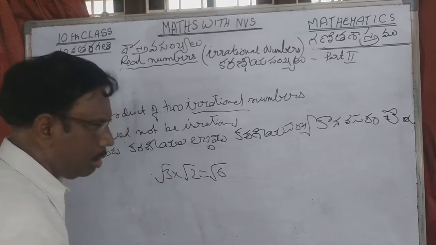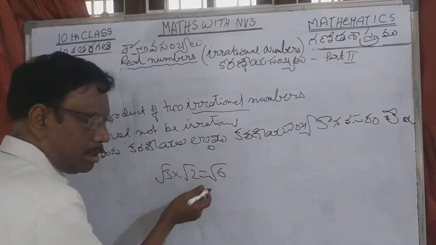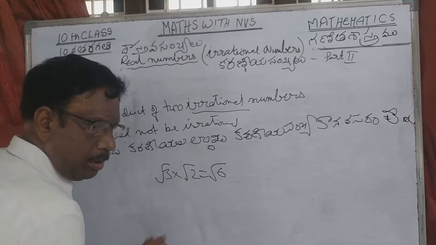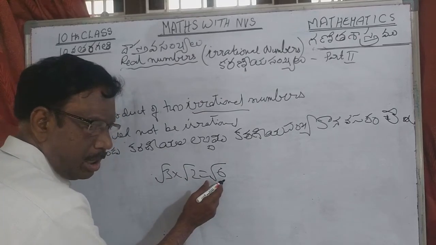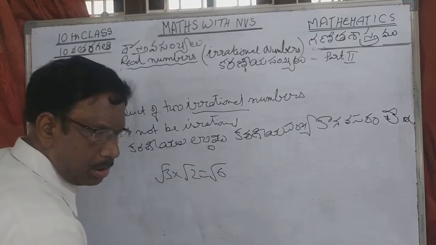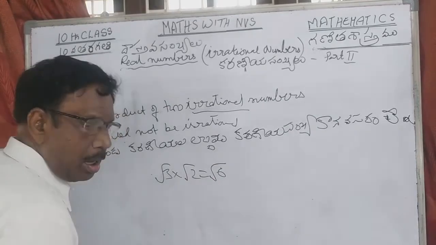Root 6 is not a perfect square, there is no perfect square root for 6. సో ఆరు యొక్క వర్గమూలం ఖచ్చిత వర్గమూలం లేదు, కాబట్టి ఇది కూడా కరణీయ సంఖ్య.